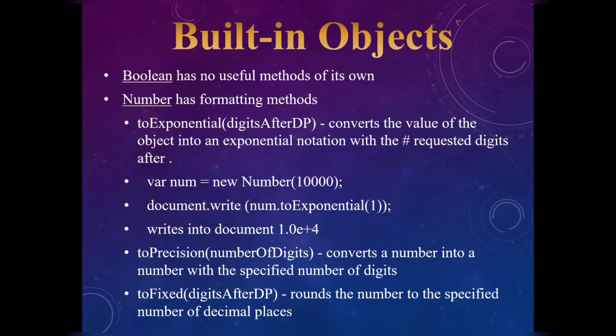If we are given the number 13.37 and apply toPrecision of 2, it gives the result 13. It just defines the length.